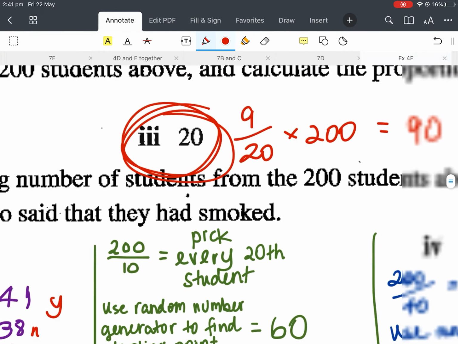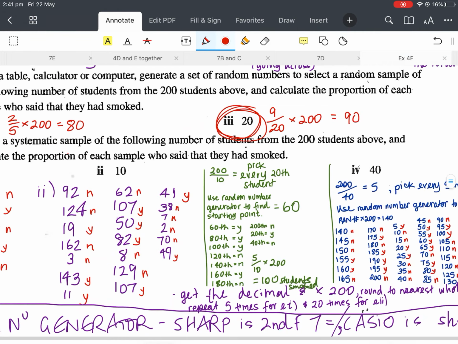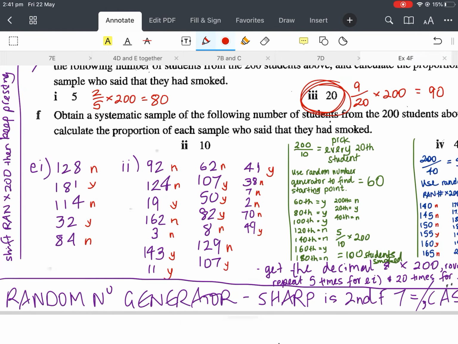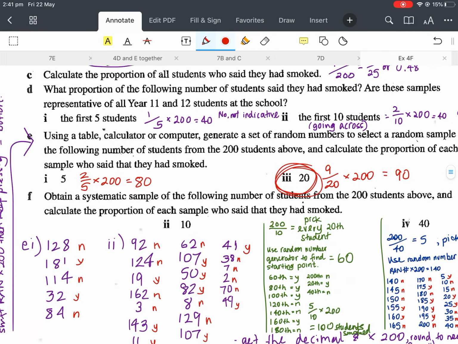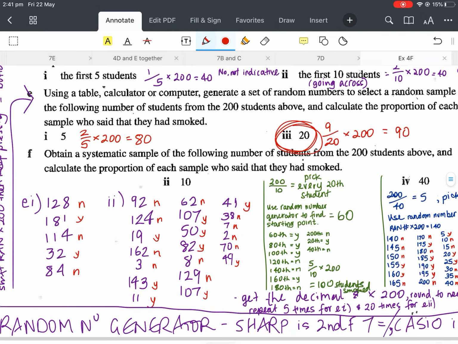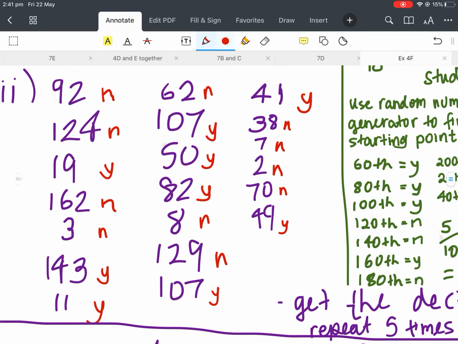Now you're probably wondering, where did I get 9 out of 20 from? So I'm just going to show you. So when I went through all those scores up here and I wrote down what the 92nd score was, I got this. Now you have to count how many yeses you have. So when I count, I've got 1, 2, 3, 4, 5, 6, 7, 8, 9.